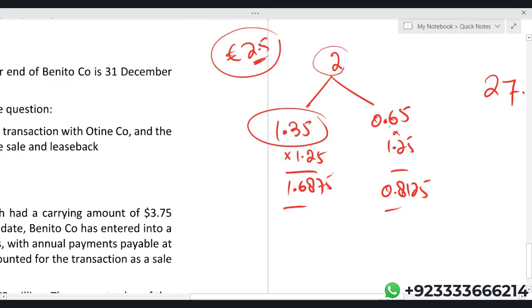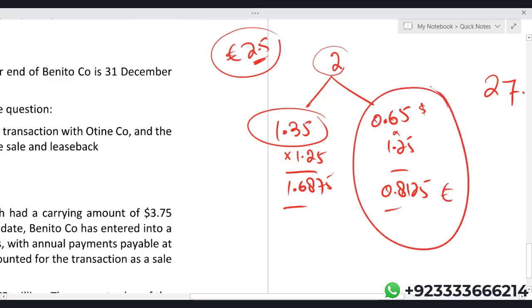Out of that 2 million, 0.65 million in dollars, in euro 0.8125 million, this impact we have already eliminated in the group accounts. It means the stock value which we have to retranslate is not euro 2.5 million, it is euro 1.6875 million. Are you getting this point?